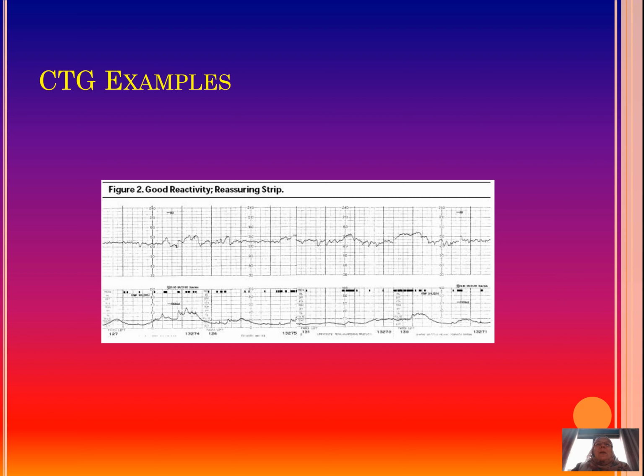And further up, you see the fetal heart rate monitoring, and that shows a normal baseline. I cannot see the exact number, but it looks around 130. It shows normal variability, and you see several accelerations on the CTG: 2, 3, 4, 5, 6, six accelerations, and no deceleration.